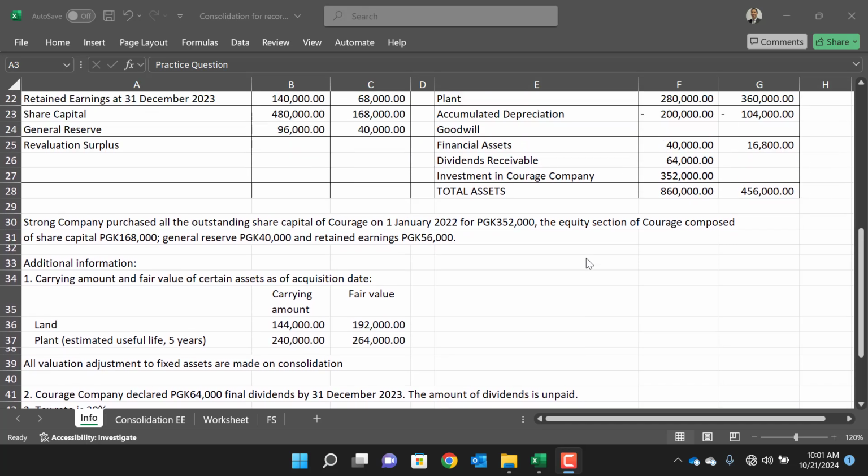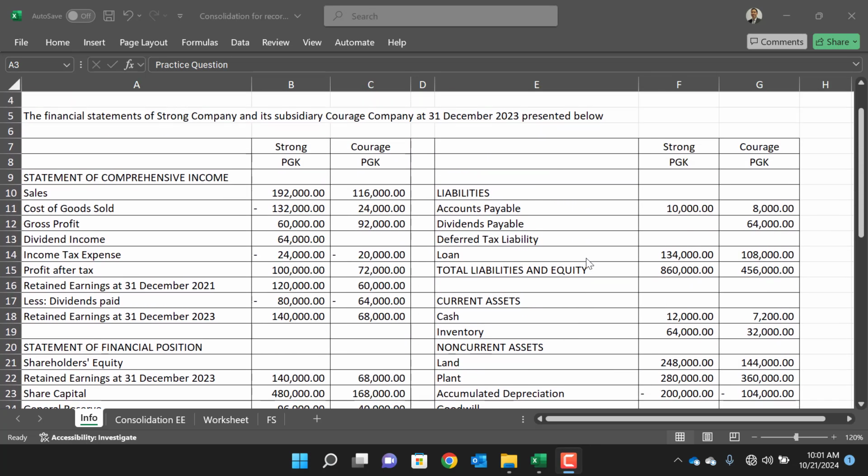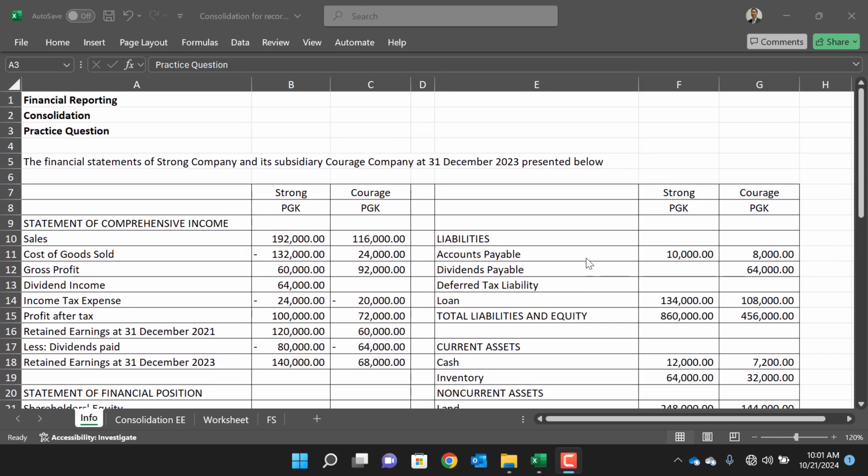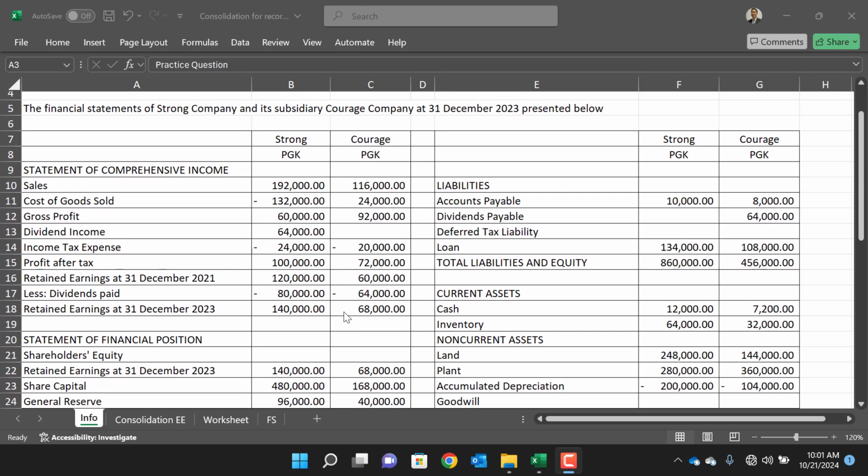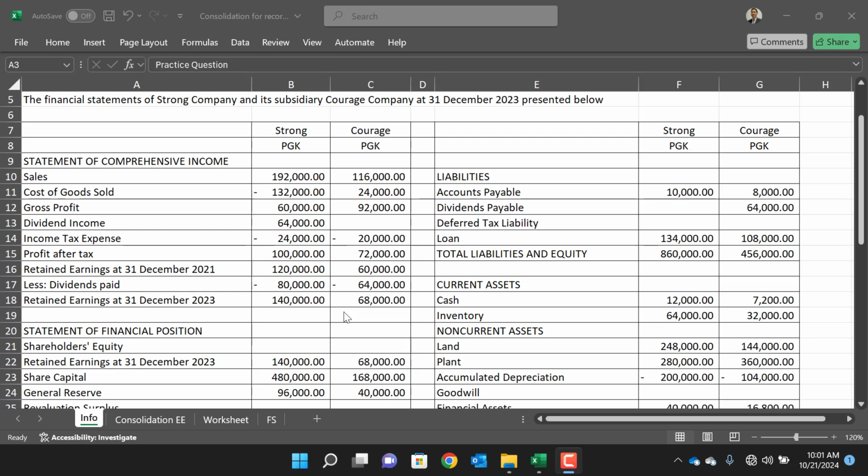Just for clarity, this is a simplified discussion, and as you can see, there are some items missing here, like expenses. The main point of this discussion is only to show how consolidation works.